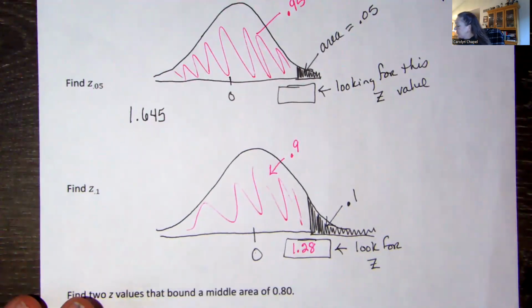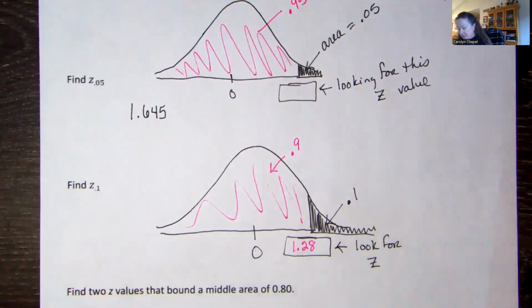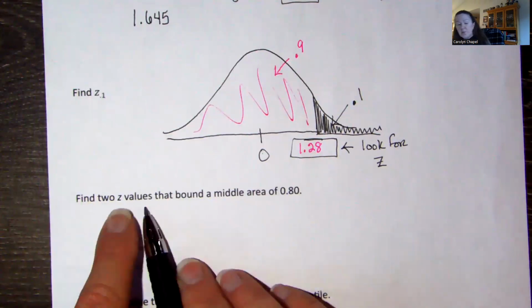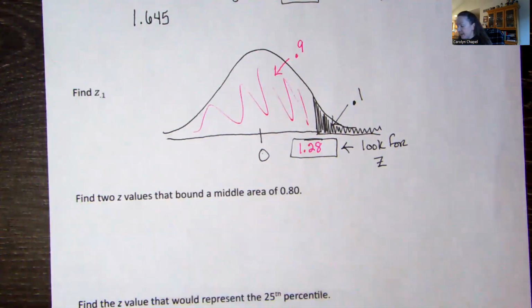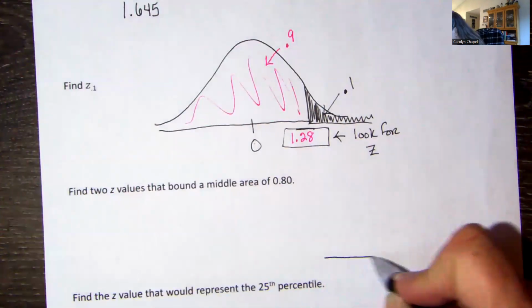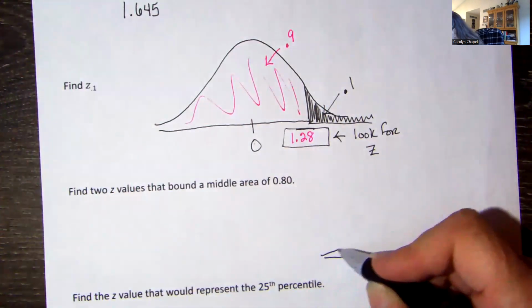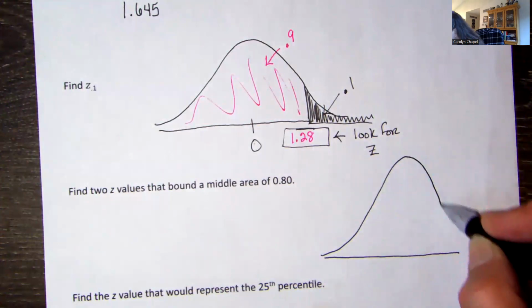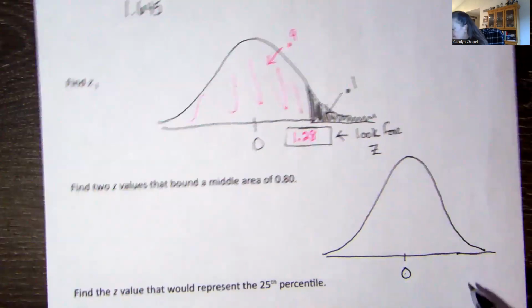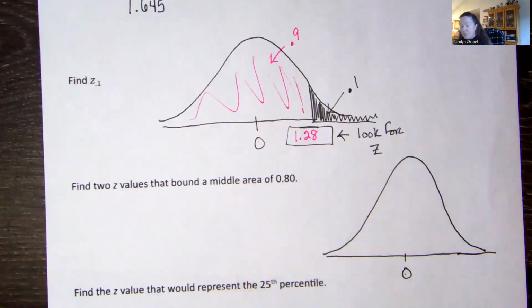Other ways we can do similar ideas, similar questions, but different. We are going to try to find two z values that bound a middle area. And that 0.8 could be any number that you want. But what we said is we're trying to find two values that bound a middle area. So we want to be symmetric.